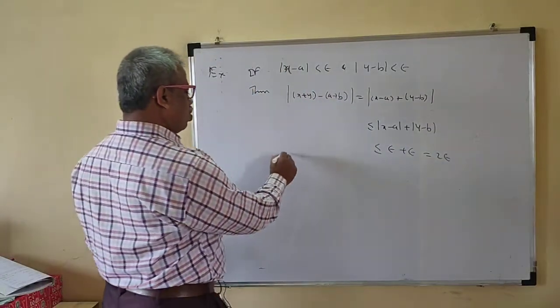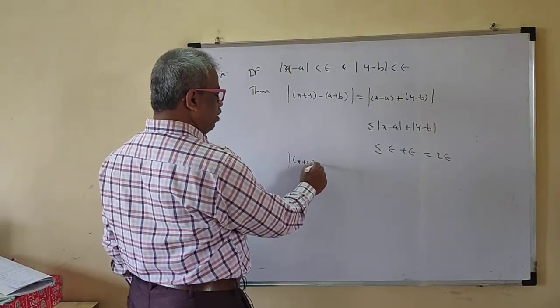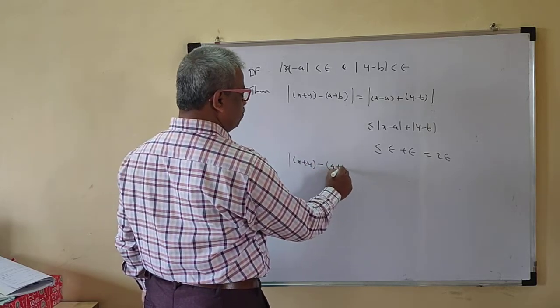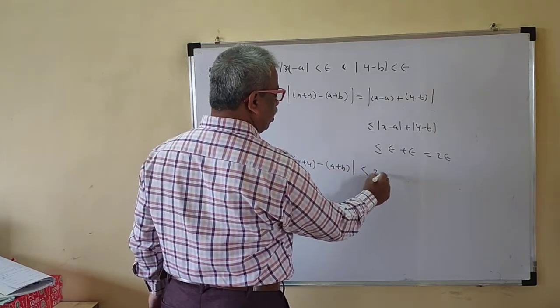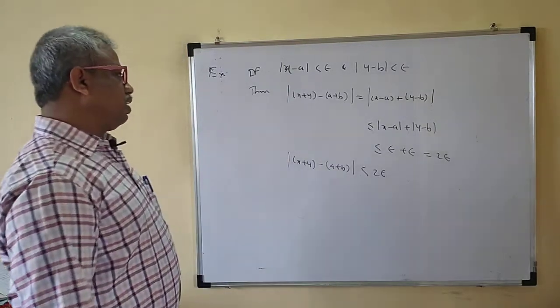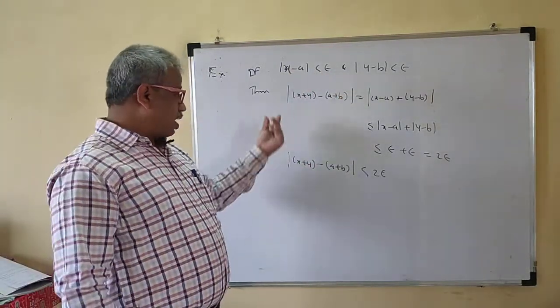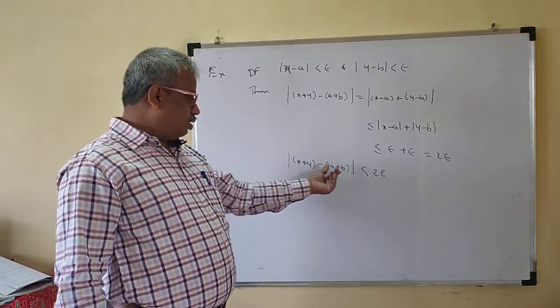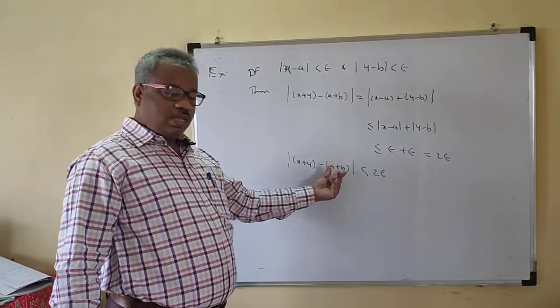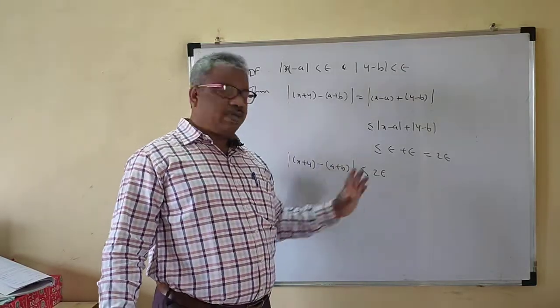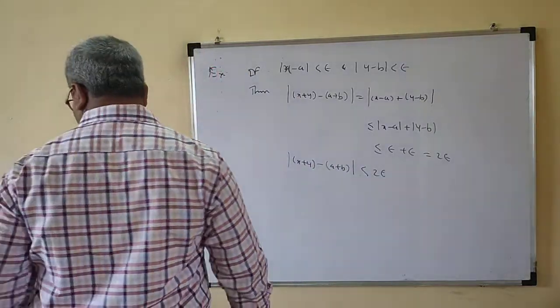So if X minus A and Y minus B are each less than epsilon, then X plus Y lies in a neighborhood of A plus B whose radius is twice epsilon. Okay.